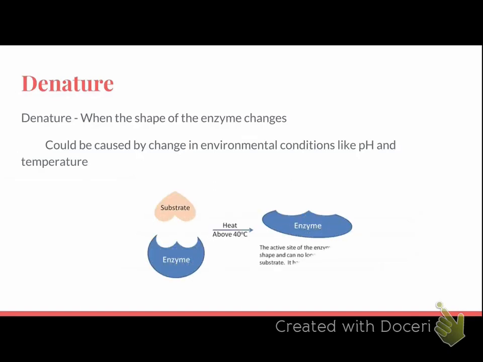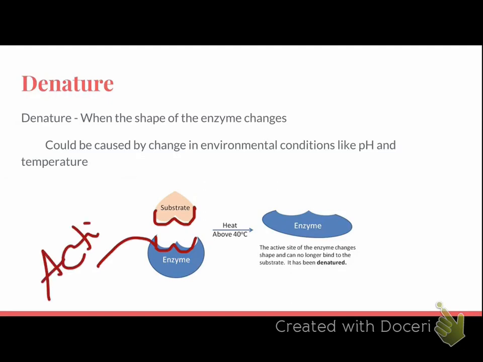So here's a drawing here for you. So you might want to just sketch something out that looks like this. So we start out, we have our enzyme and our substrate that match. So these shapes are going to fit in together. So remember, that's my active site right there that fits with the substrate.